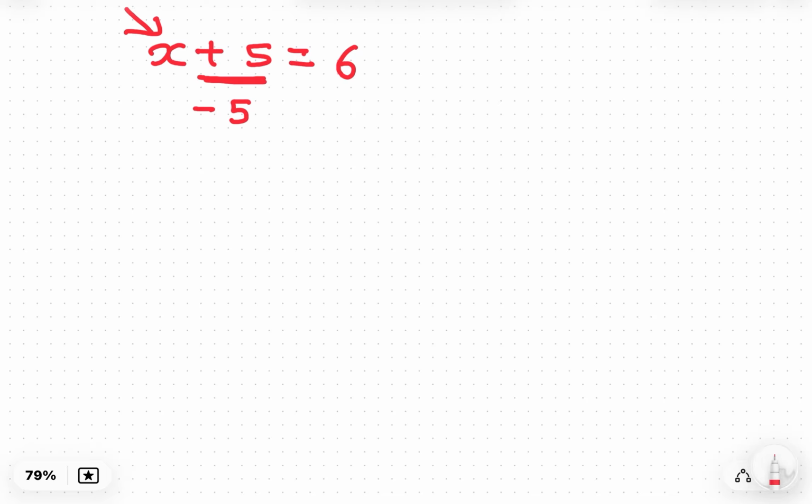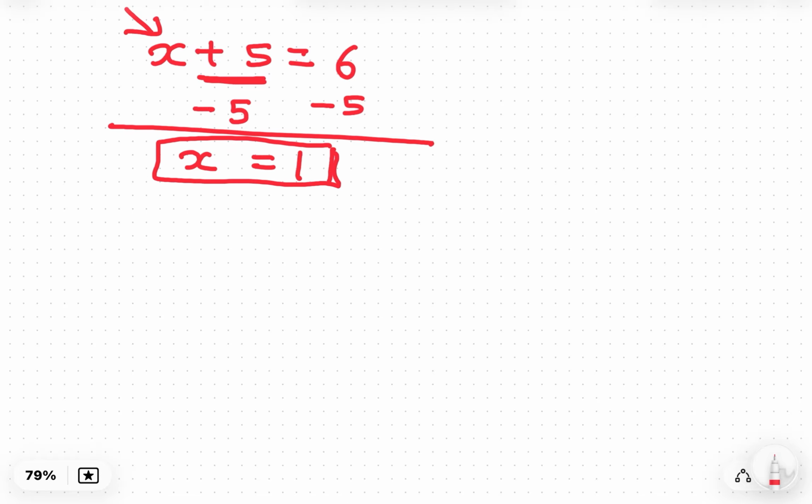If something is added, you need to subtract it, with the same action and same amount on both sides. Then you will get your answer. To check the answer, you need to put the value of that variable in the left hand side expression. If you get the same as the right hand side, then your answer is correct.